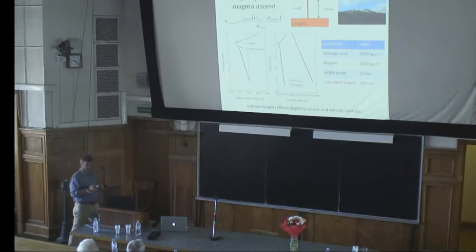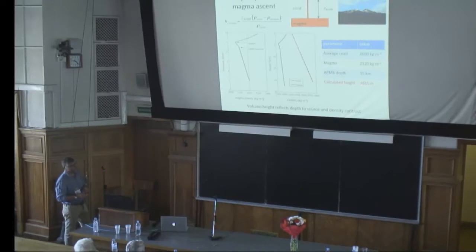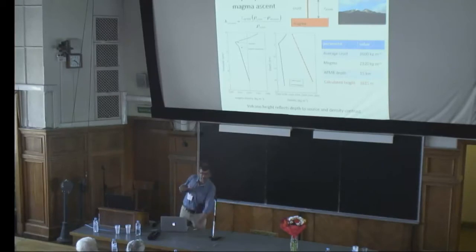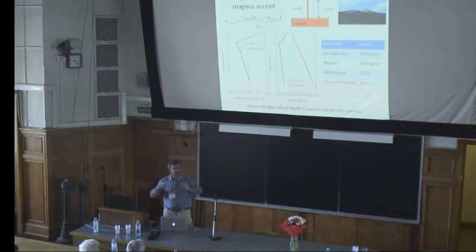And we can calculate the height of the volcano, and different ways produce different answers, but they're always about 1.6 kilometres. So what we think is that this volcano continues to grow to a height that matches that density contrast beneath what's at the top of the APMB and the crust around.